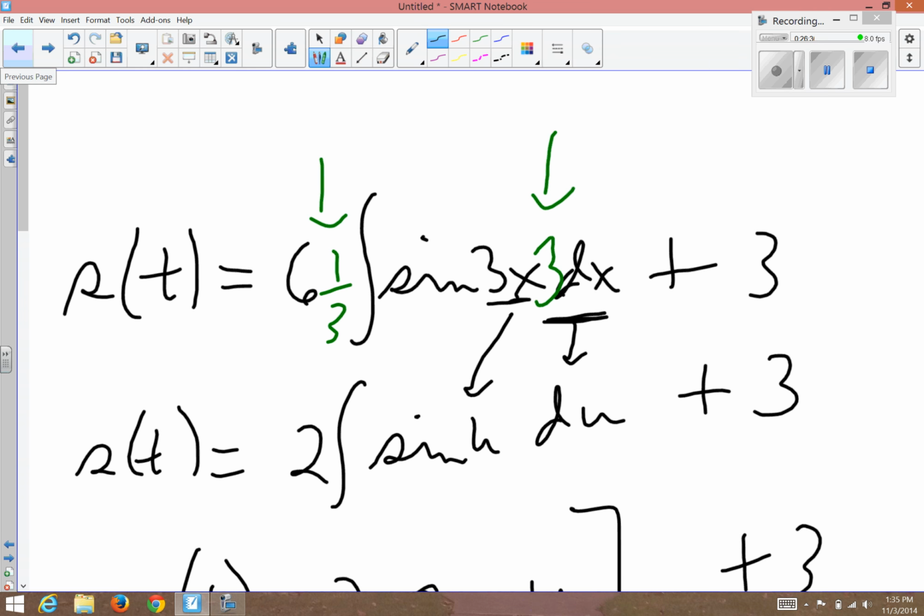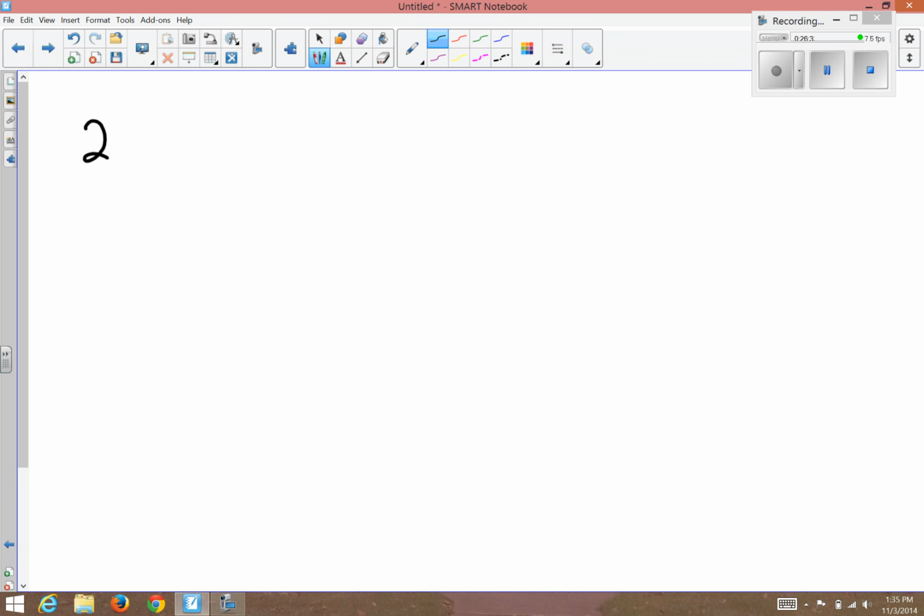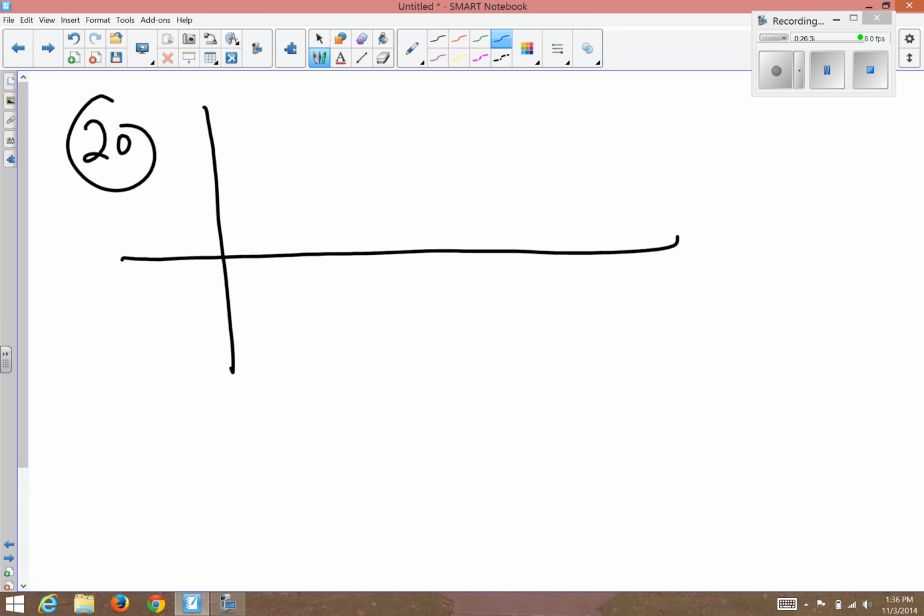So now we're going to try to do number 20. This time there's a picture given in the textbook. It has a whole bunch of line segments connected, like this, and like this, and like this. The x-axis is actually the time axis in seconds.